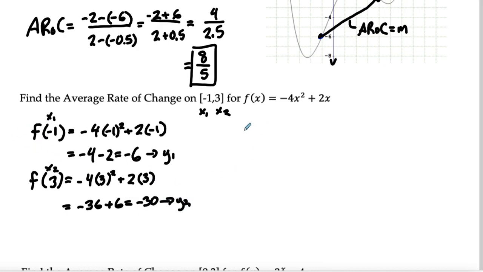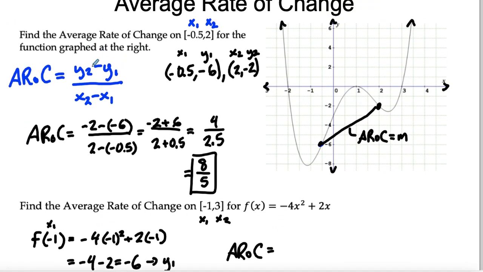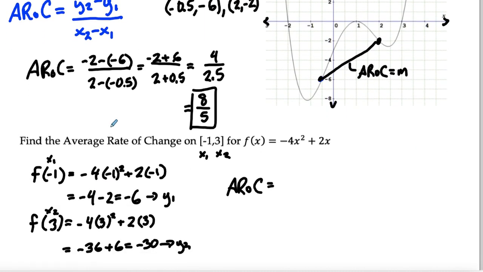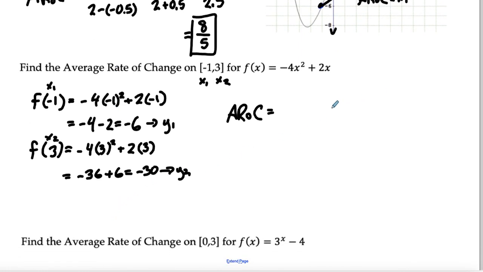Now I have all my information. You could write it out as coordinate points if you want, but I'm going to put it into my formula. I know the average rate of change from the top is y2 minus y1 over x2 minus x1. So y2 is negative 30 minus a negative 6, which turns into plus 6.